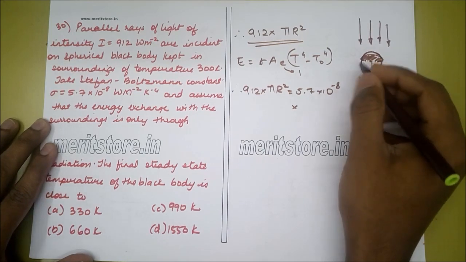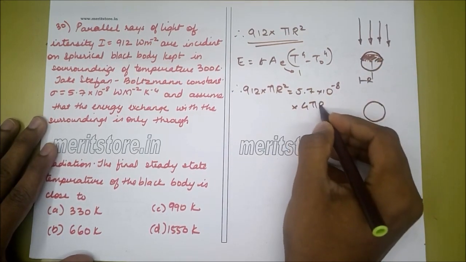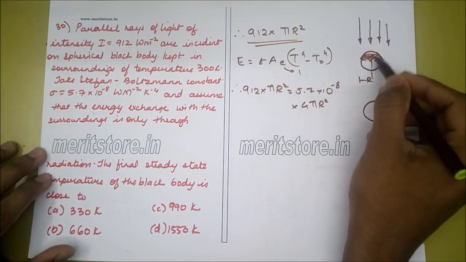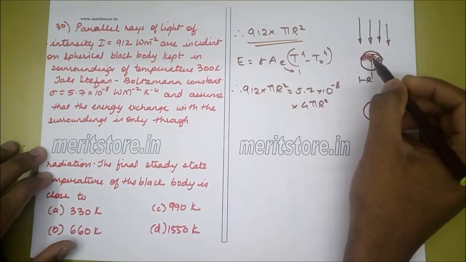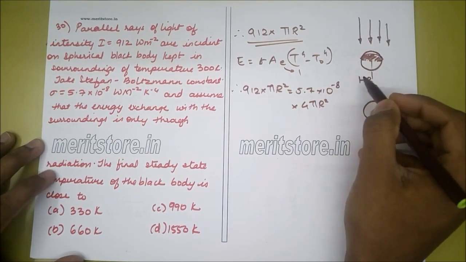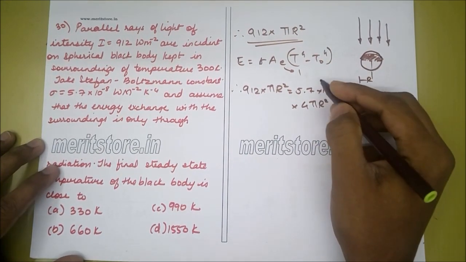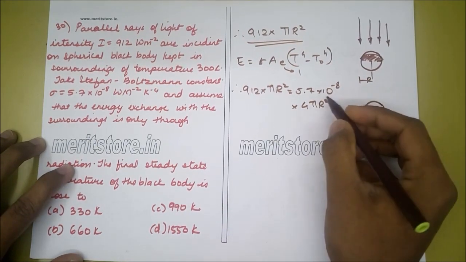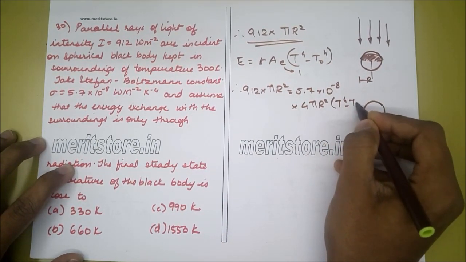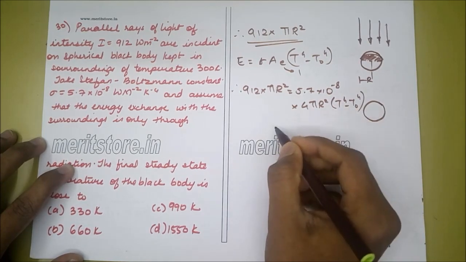Now the area of the sphere is 4 pi r square, because the energy incident is on the projected area, but the energy emitted by the sphere would be across the whole area. Therefore here we are taking the area of the entire sphere times T raised to 4 minus T naught raised to 4.